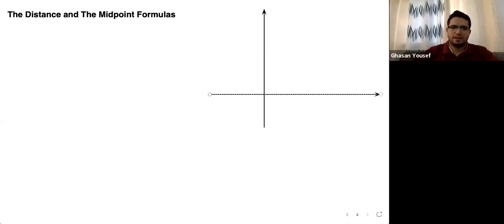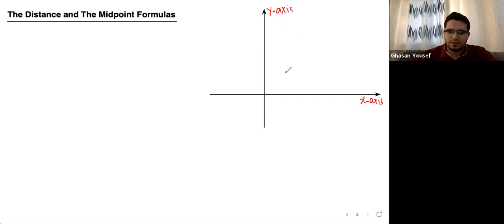Here is the x-axis, and this is my y-axis. We have 2 points. The first point is called A, and it has coordinates (x1, y1).